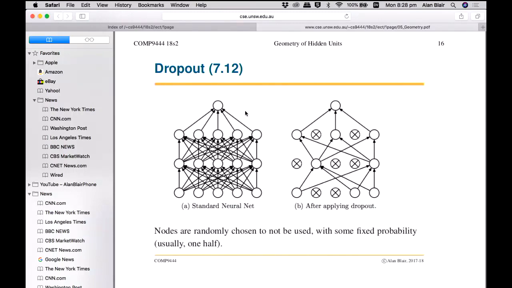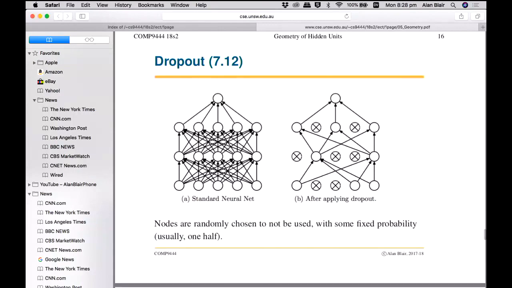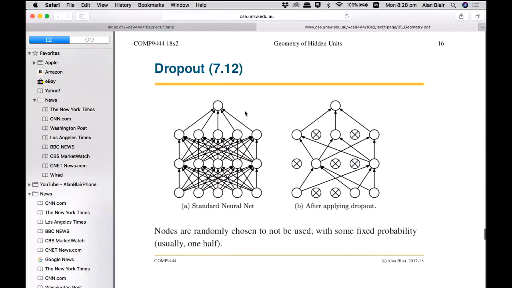So only the nodes that are crossed out are not used for this particular part of the training. Only the nodes that remain are being used. The way this is implemented is that for the ones that are crossed out, you just multiply their activation by 0, or you don't compute it at all.